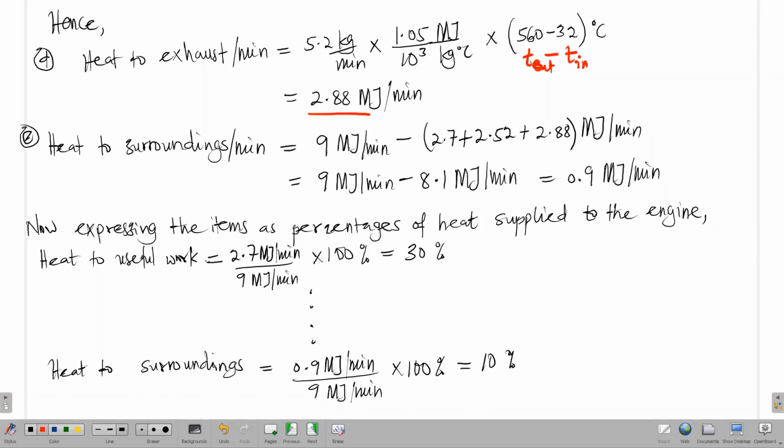Now, the heat to surroundings per minute is equal to 9 megajoules per minute minus the sum of all the other heat energies. This was to useful work, this was to cooling water, and then this was to exhaust.